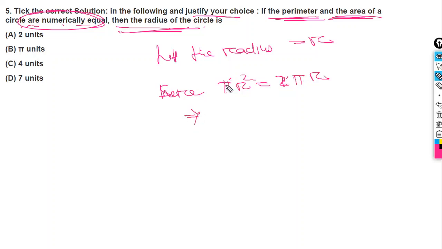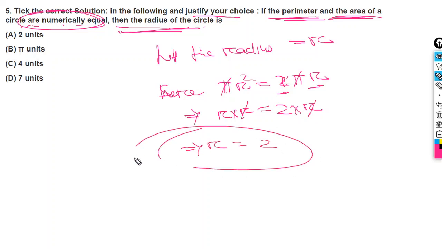This implies you can cancel the pi. r square means r into r is equal to 2 into r. Now you can cancel one r, so r is equal to 2. Is there any 2? Yes, 2 is here. So the answer is 2.